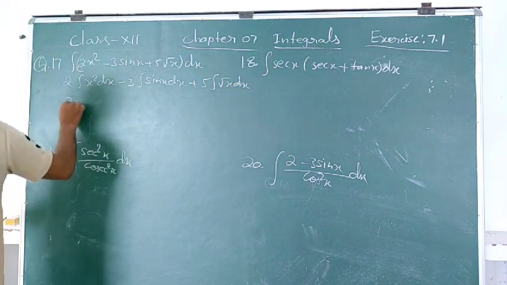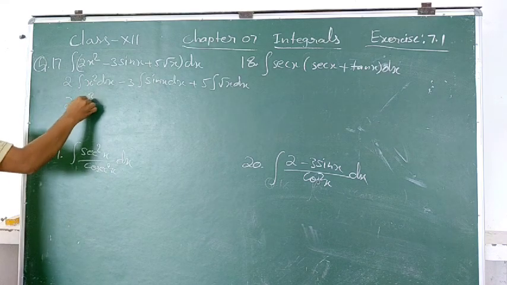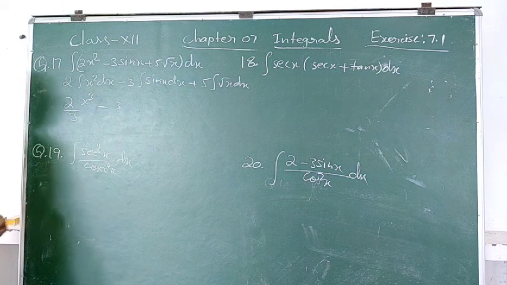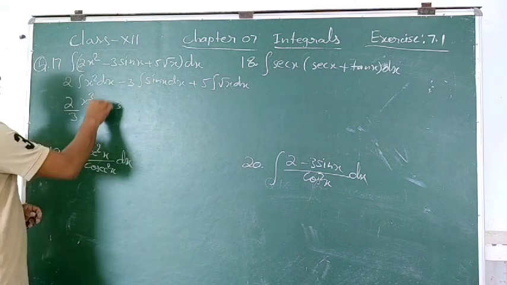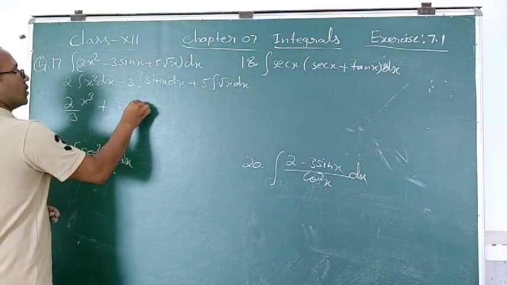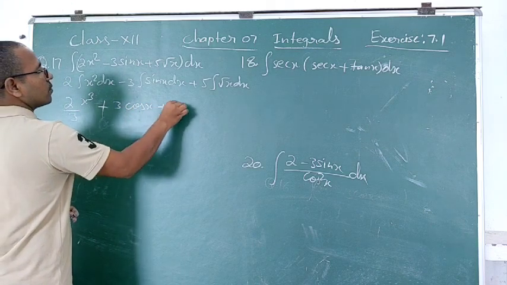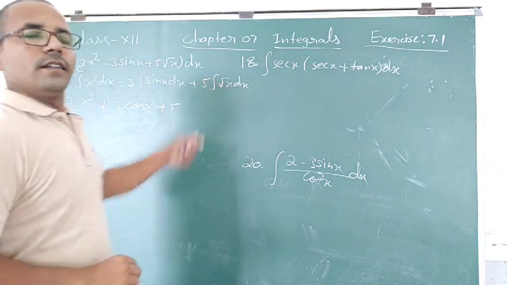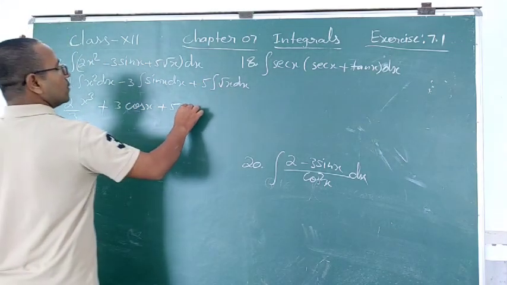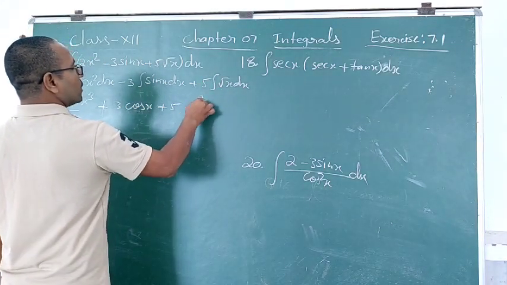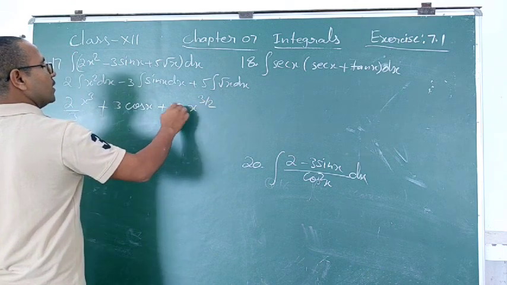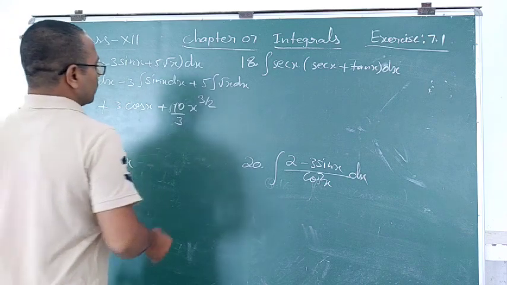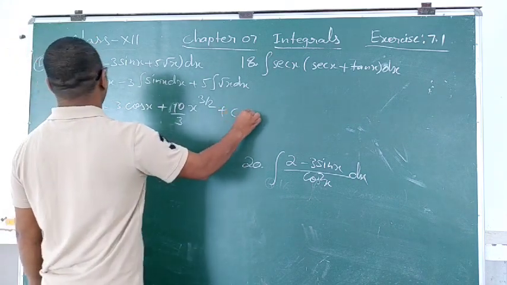So 2 x square, that is x cube by 3 you will get, minus 3 sin x integral, minus cos x, so minus and minus will become plus cos x, plus 5 root x integral, it will give you x to the power 3 by 2 and 2 by 3, that means 10 by 3, 10 by 3 plus c. This much is the answer.